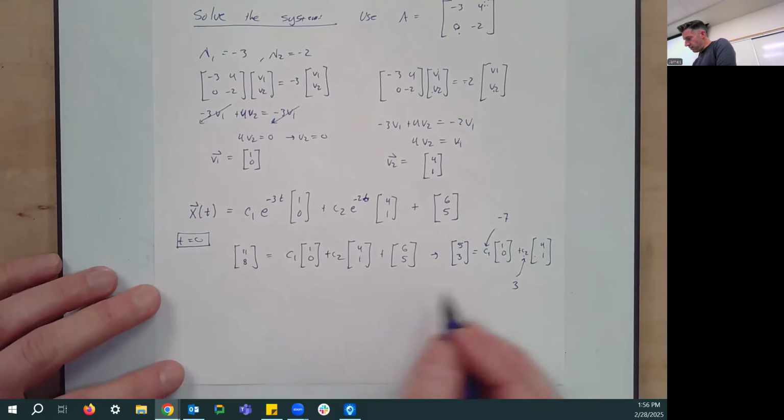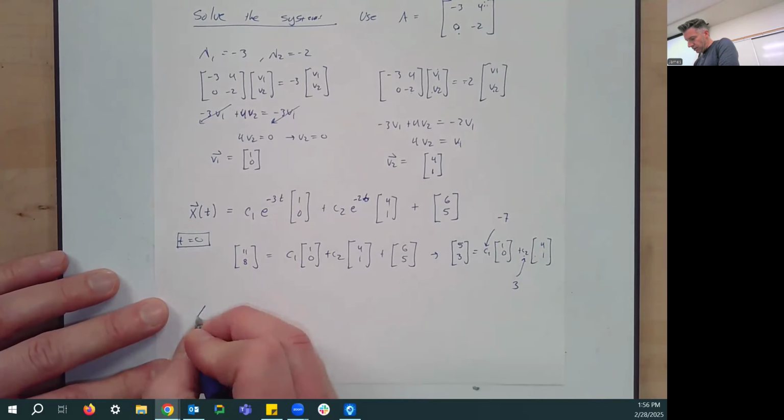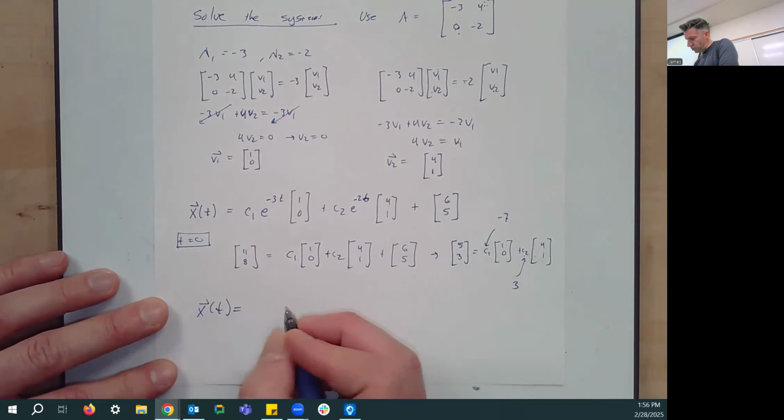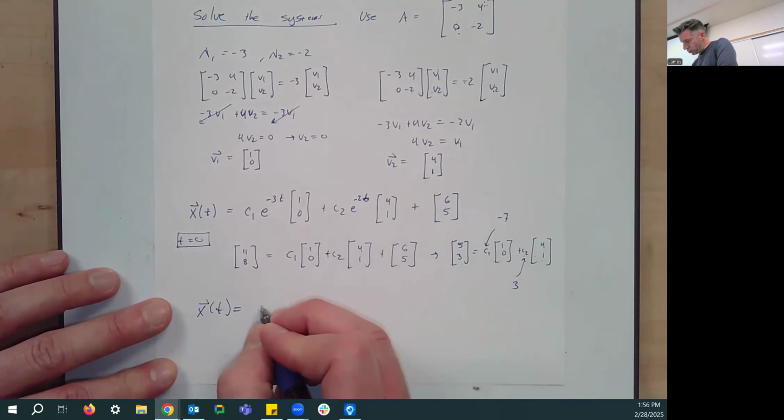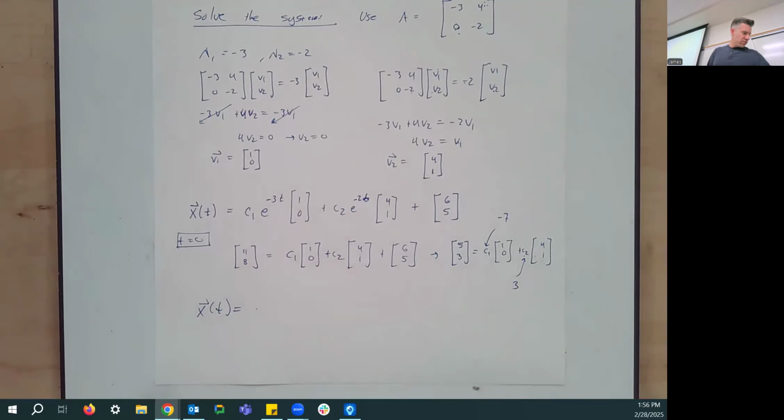And then finally, our solution would be that x of t is equal to... let me see one thing here. Somehow in my solutions I made a small mistake at the very end, I'll have to fix that.